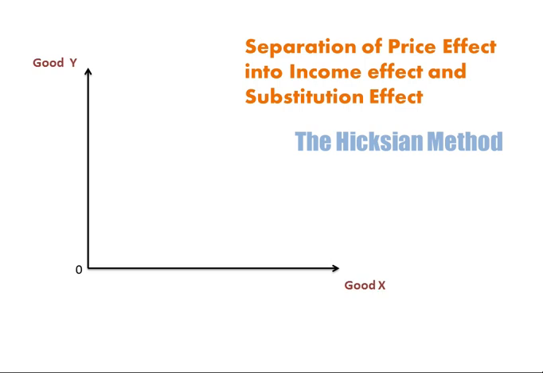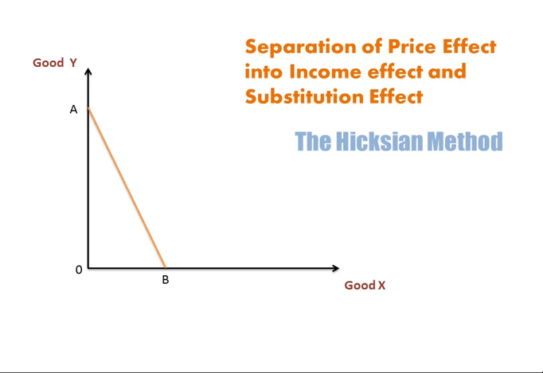In this diagram, we have two axes, y and x, and on the x axis we measure good x, and on the y axis we measure good y. The consumer has some income, so his income is limited. Imagine that the consumer spends all his income only to purchase good y and good x.